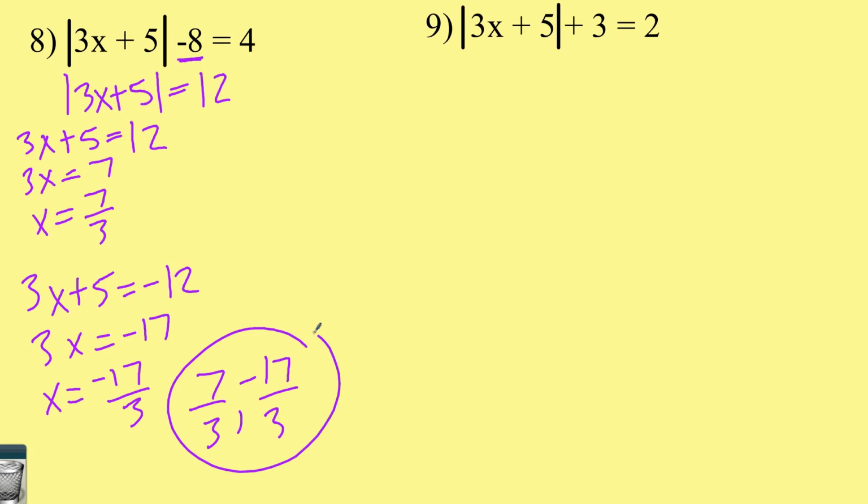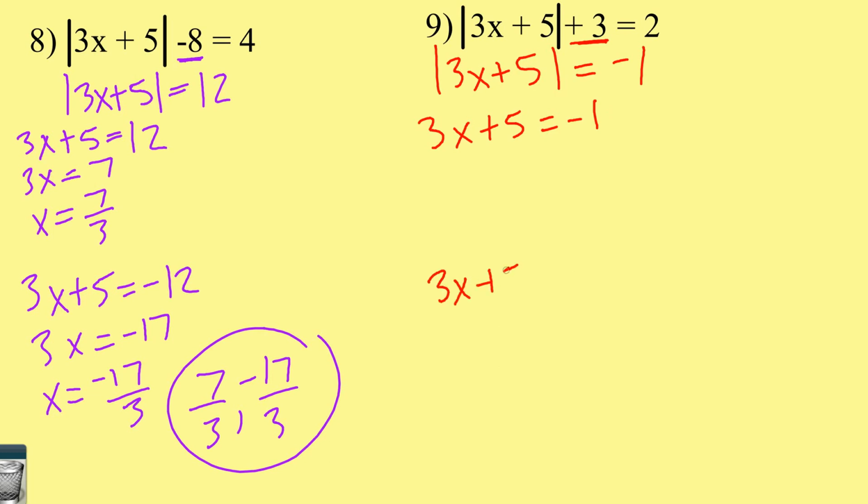Okay? All right, number 9. I'm going to do a different color. So first things first, I'd move that 3 over to the other side. So you'd get the absolute value of 3x plus 5 equals 2 minus 3. All right, then you set up your two equations. You have 3x plus 5 equals negative 1, and then you do the opposite.